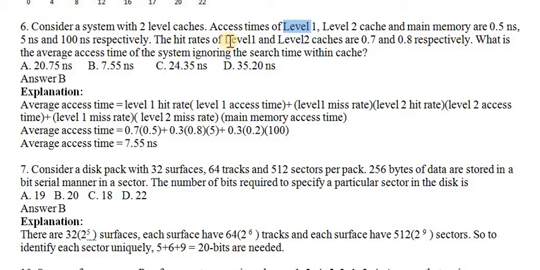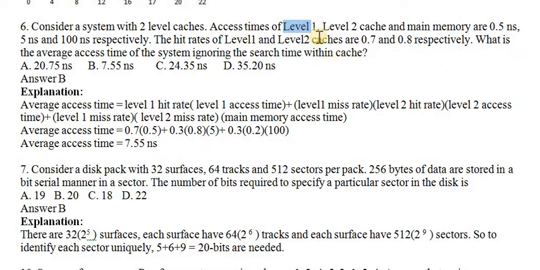The hit rates of level 1 and level 2 cache are 0.7 and 0.8 respectively, which means we are keeping 3 memories: one is L1 cache, next is L2 cache, and next is main memory. Suppose I am doing some task and the data needed can be present in the level 1 cache.